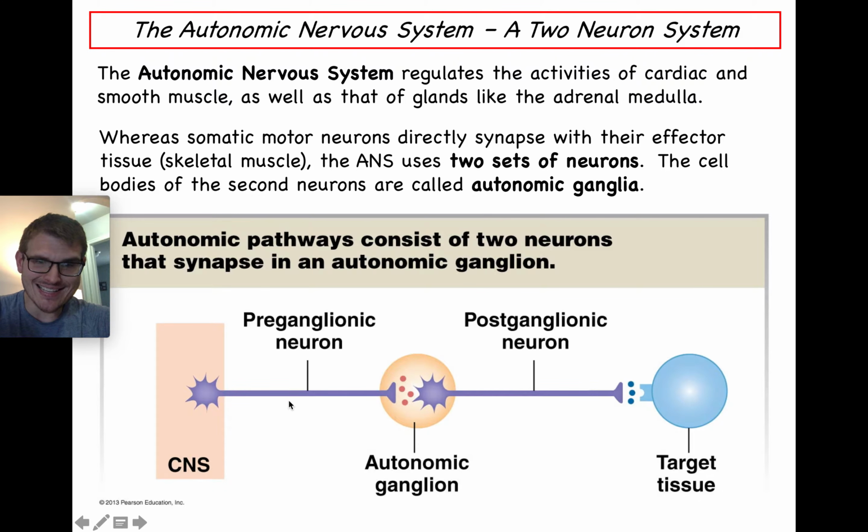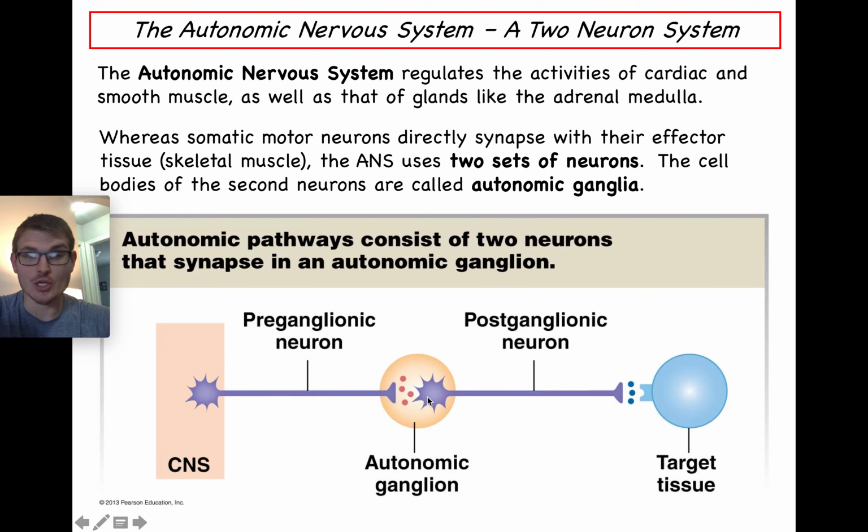So what this means is that the information starts here in the central nervous system. We get an action potential carrying along the preganglionic neuron. We release some type of neurotransmitter here at the synapse between the preganglionic and the postganglionic.